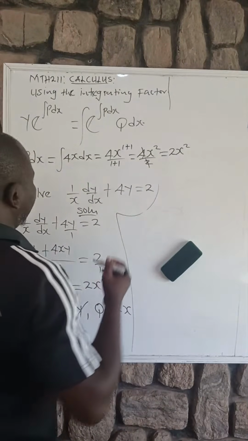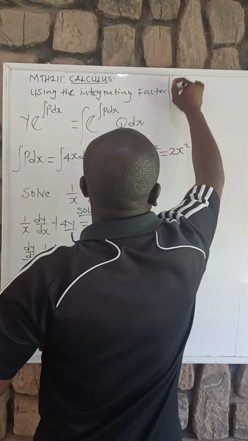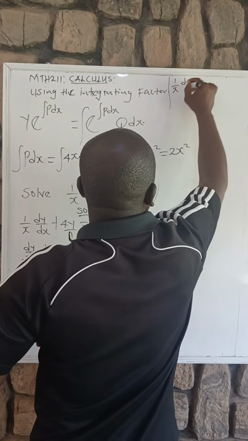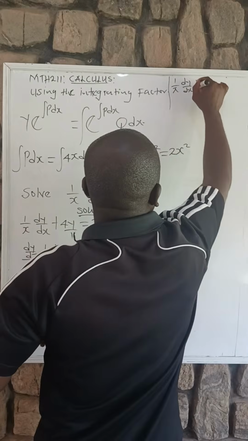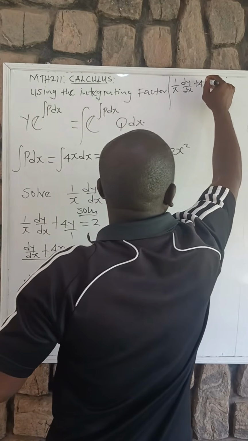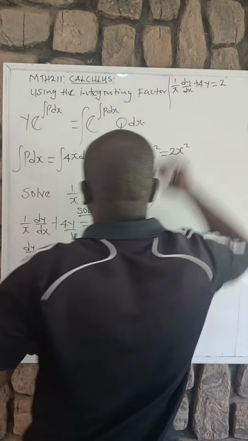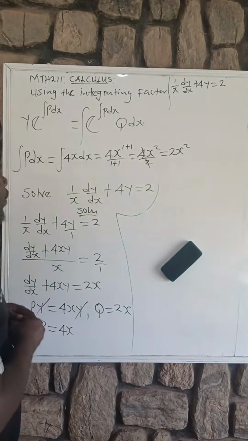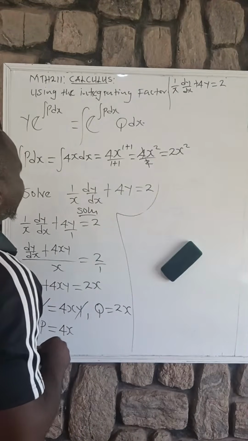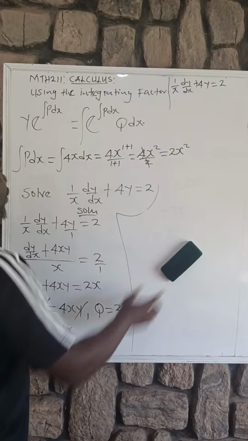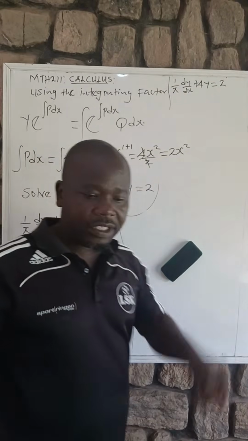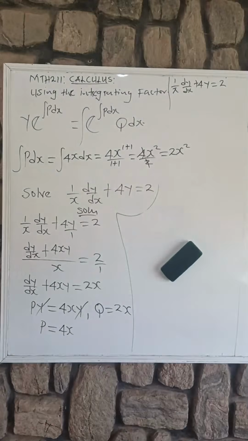Let me write our 1 over x dy over dx plus 4y equals 2, right? Do you agree with me? Any question here before I proceed further, please? When you integrate that, that is what you are supposed to have.